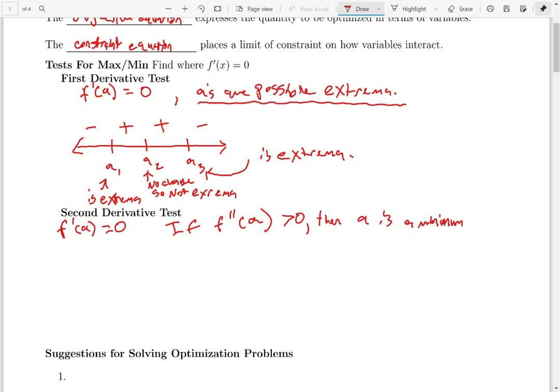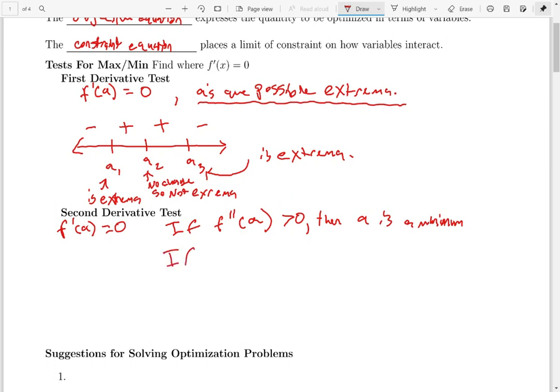Remember, that's because if the second derivative is positive at that value a, then we're really saying that we have a concave up function. Concave up forces that a value to be a minimum.